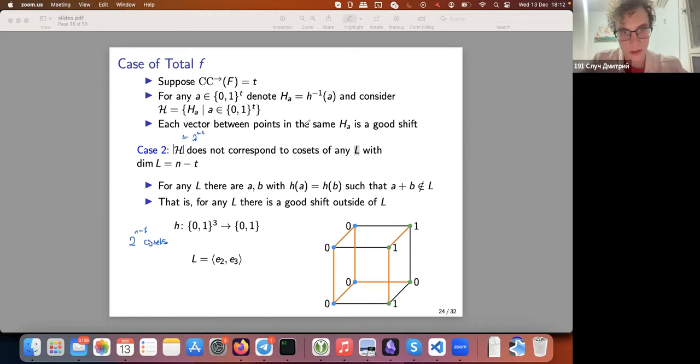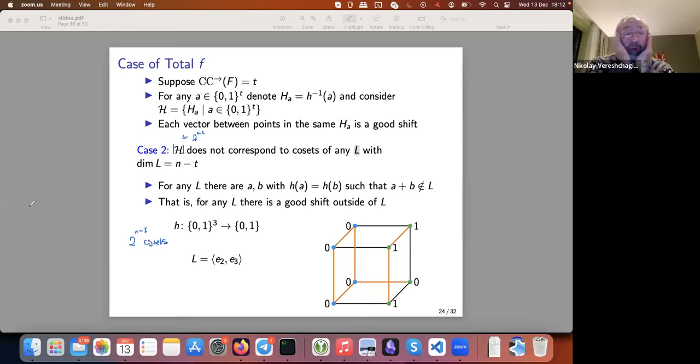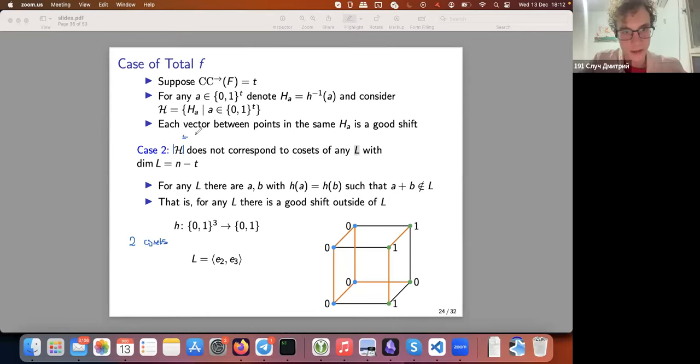Because function h... it's not n minus t, I made a mistake. I mean, H has 2 to the t classes, and 2 to the t cosets.